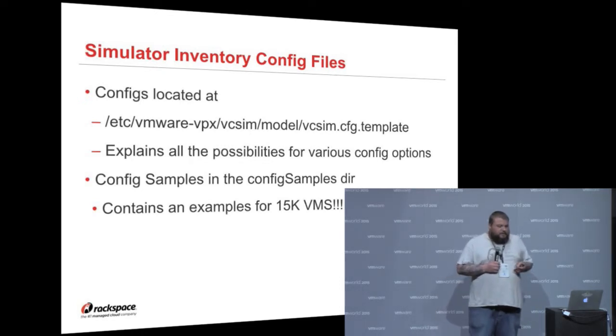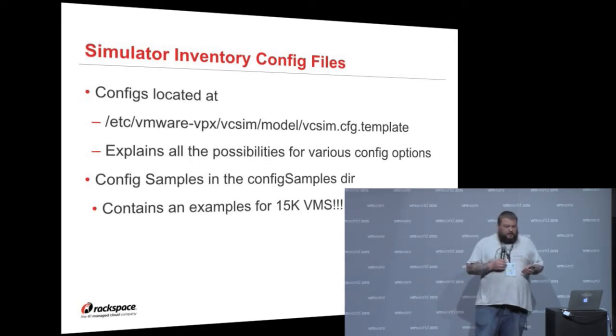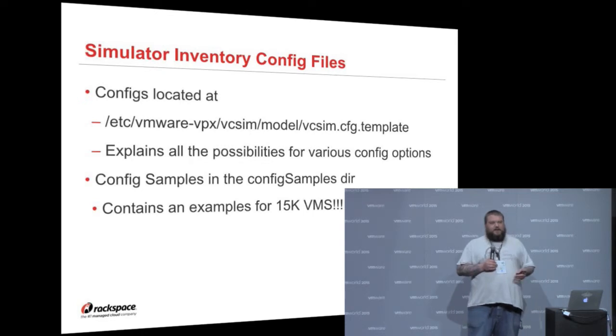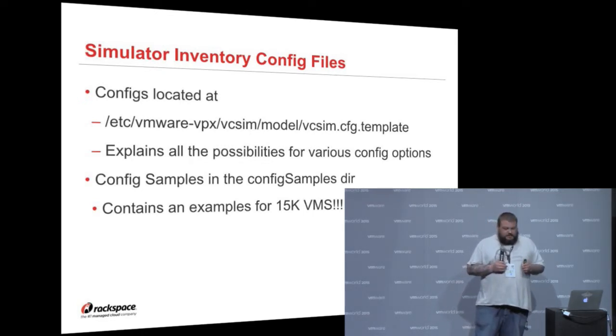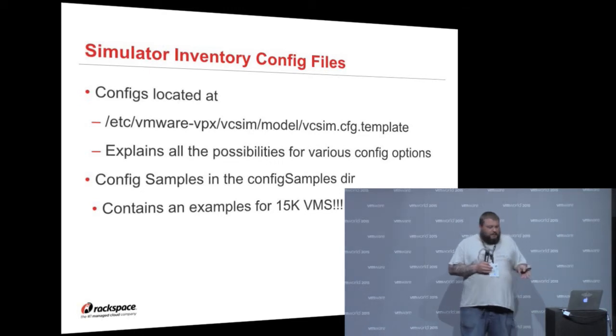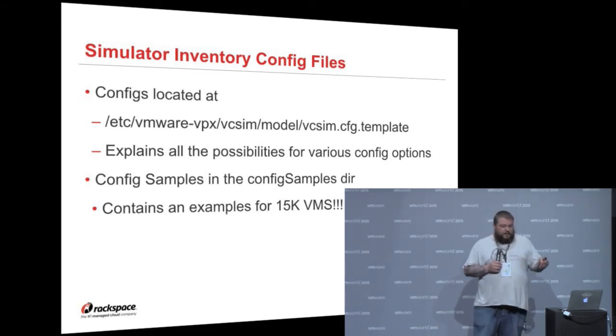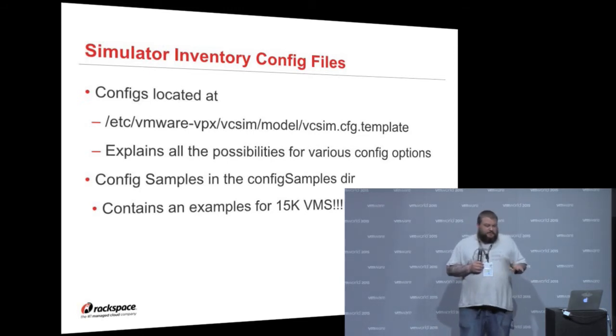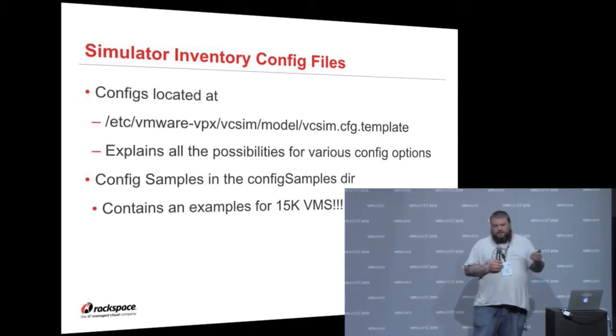Now, if you want a quick way to get 15,000 VMs up, it comes with a sample configuration located in the config samples directory, at /etc/VMware-VPX/vsim/model. In config samples, you'll find an example inventory file that will spin up 15,000 virtual machines for you.